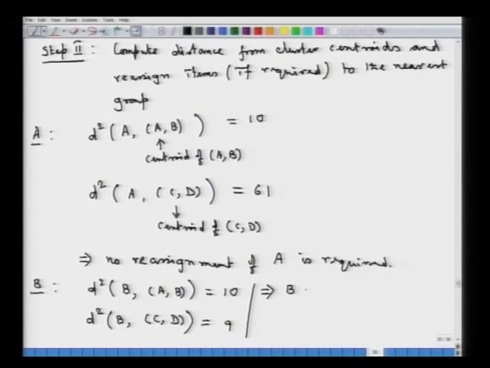So, we will need to do this because we see that B is closer to the cluster CD than to the cluster AB. This would further imply that we reassign B to CD.